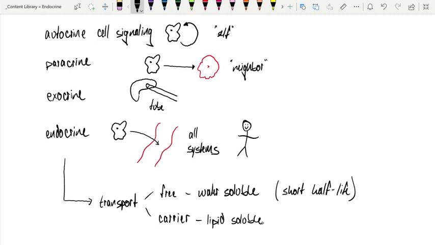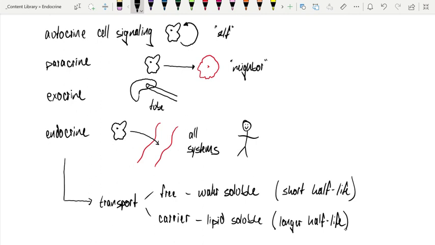These can be nonspecific transporters like albumin, which is just sticky to everything, or it could be something very specific, a carrier specific for sex hormones, for example, testosterone, estrogen. Regardless, one of the things that the carrier does is increase the half-life. And things like vitamin D3, before it's converted to calcitriol by the kidney, can exist in your blood for up to 2 weeks, circulating, waiting for that activation signal.